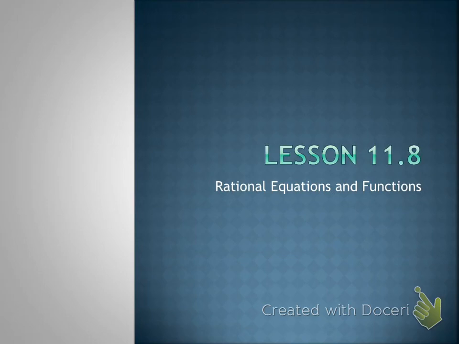But when we went over 11.6 and we had to add and subtract fractions, what did I have to have in order to add or subtract fractions? Common denominator. Yes, correct. So I have to have a common denominator in order to add or subtract fractions, which is what we're going to be working on again today.